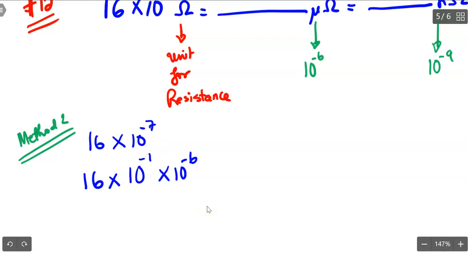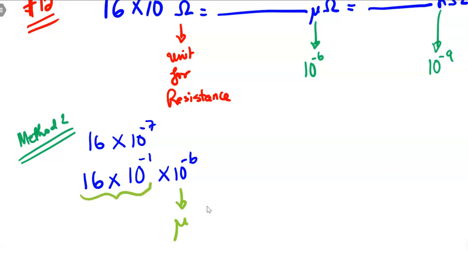Now you replace this by the micro, so what you have left is just 16 times 10 to the negative 1. This 1 here tells you that you have to move the decimal point one place to the left.